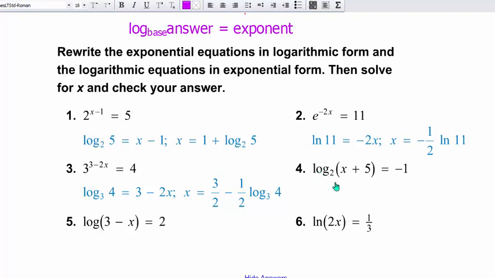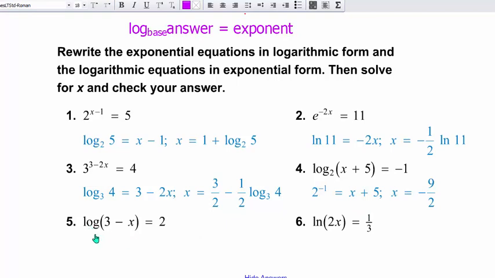Since this is log, we're now going to go the other way. So the base 2 to the power -1 becomes the answer. 2 to the -1, we can actually do that. We know it's 1/2, and that's how we can solve by subtracting 5 or 10 halves.